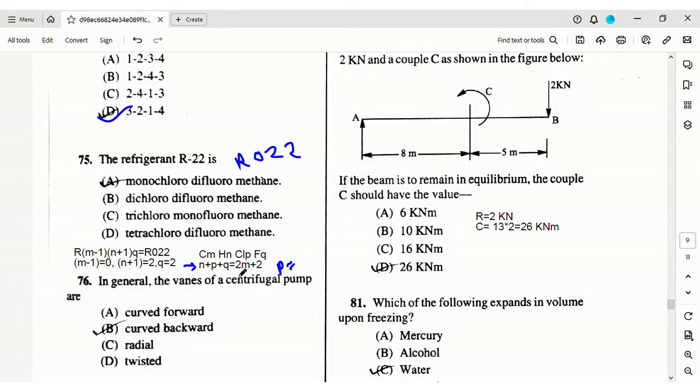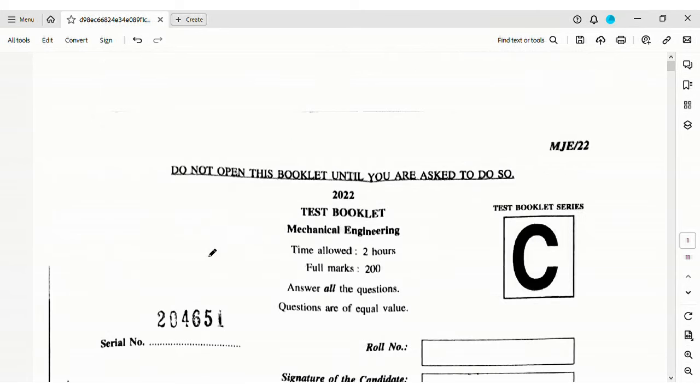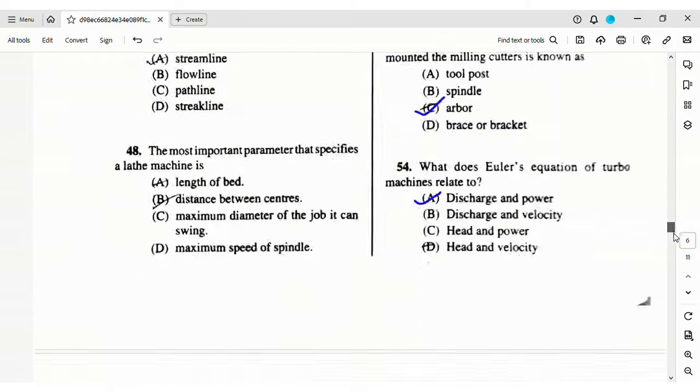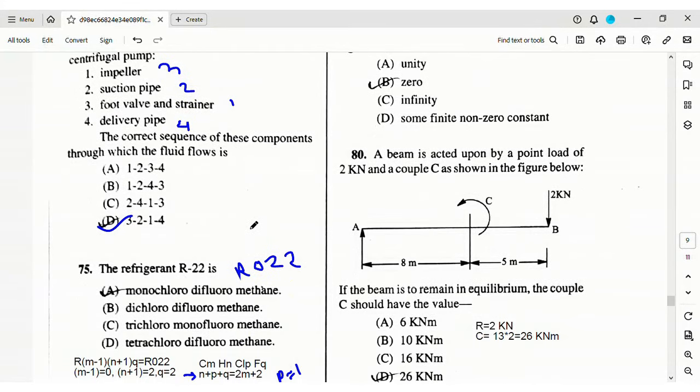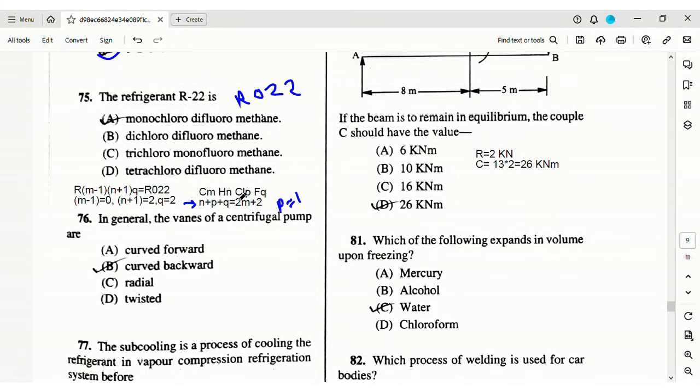p will be equal to 4 minus 3 equals 1. Now the value of m equals 1, n equals 1, p equals 1 and q equals 2.